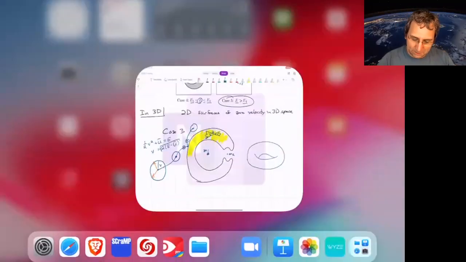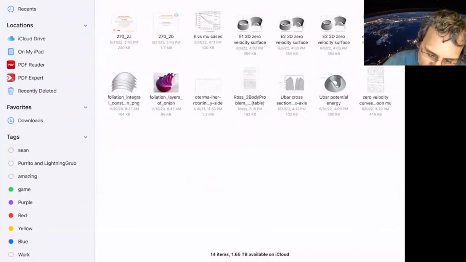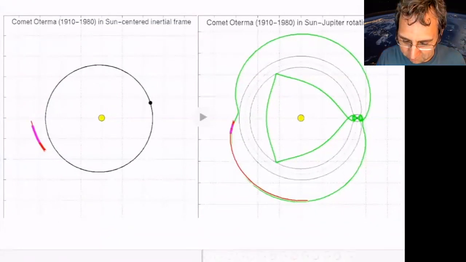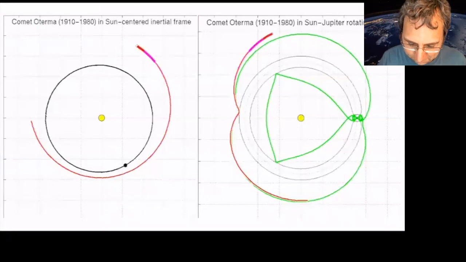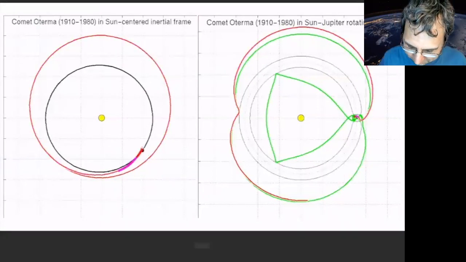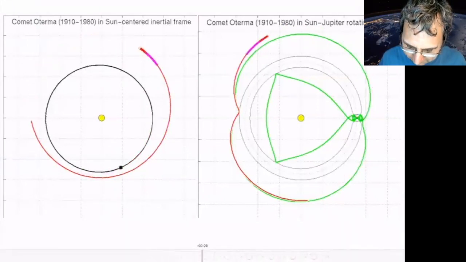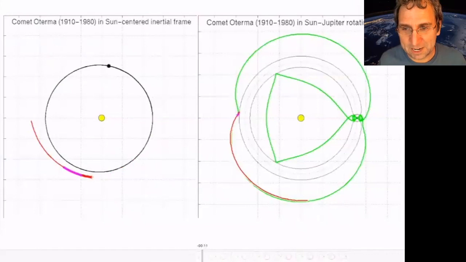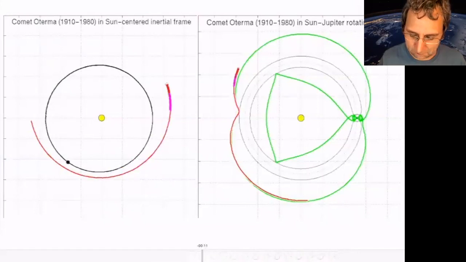So I think maybe looking back at that video of the comet's helpful, because you could see the comet's about to hit the zero velocity curve, right? But that's only, let me back up, right? It hits that zero velocity curve almost. That just means it's going at a speed that in the rotating frame corresponds to 0, but you don't see anything in the inertial frame at that point.